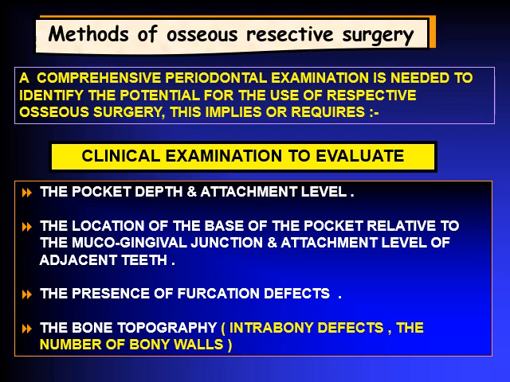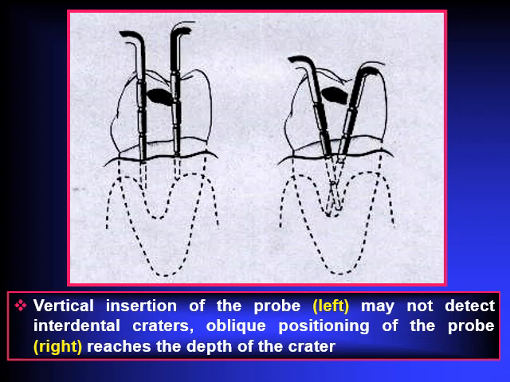How will we know the bone topography? See here, when you make a vertical insertion of the probe in the left figure, this may not detect the interdental crater. There is an interdental crater here.